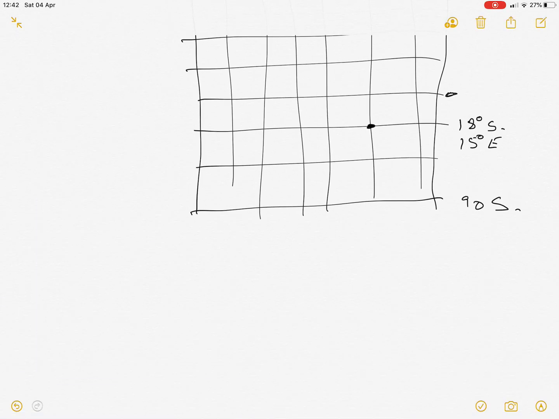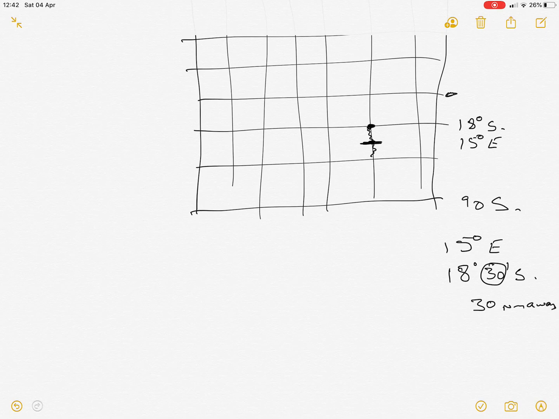So I'm somewhere down this line, which happens to be halfway. So I'm still 15 degrees east, but I'm now 18 degrees 30 minutes south, because I'm halfway now. So from that I can deduce that I'm 30 nautical miles away.